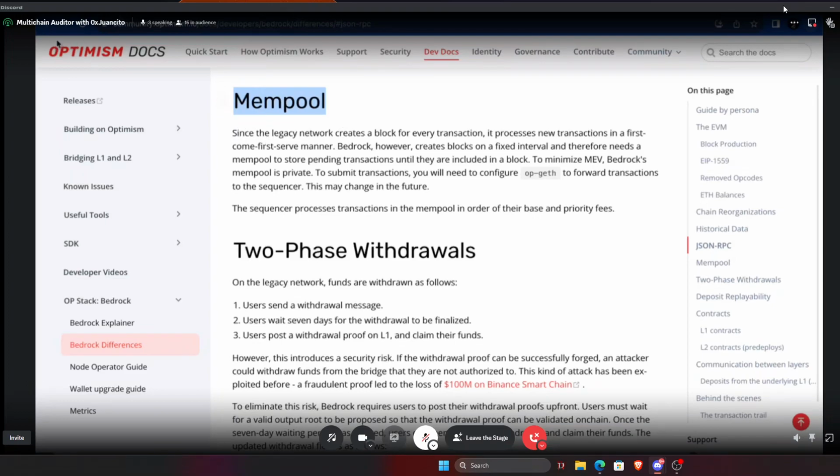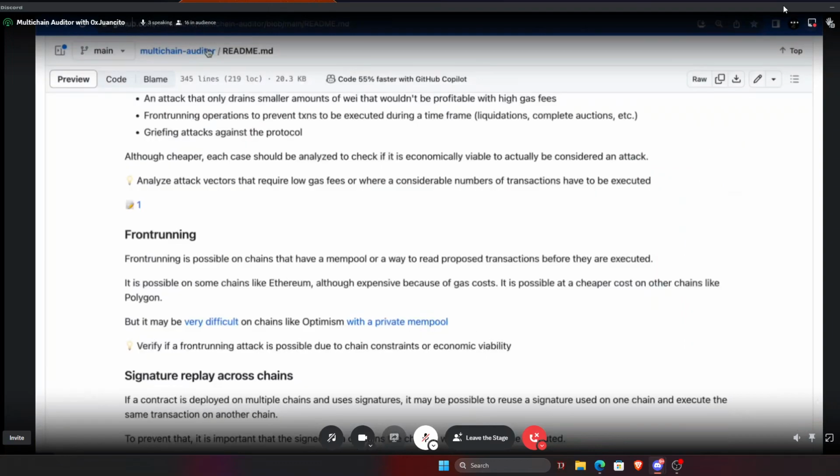But in the case of Optimism, Arbitrum, and some other chains, they have a private mempool. Most users are not able to see what people are executing because usually they have a sequencer that executes transactions sequentially.